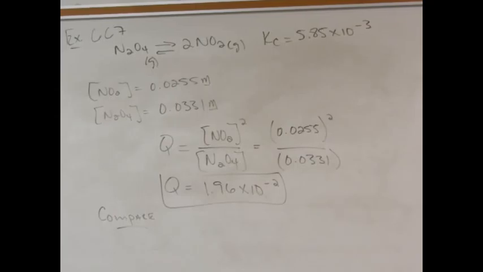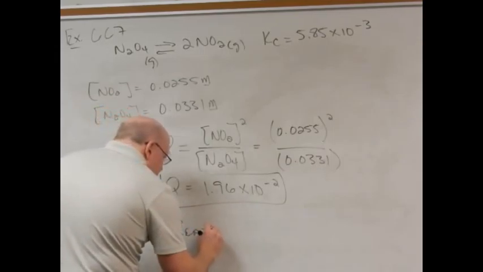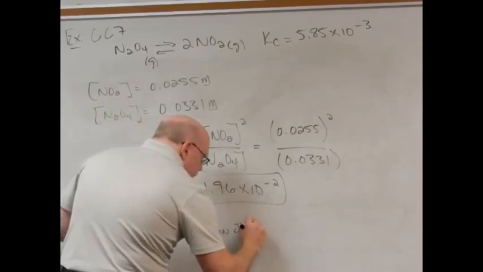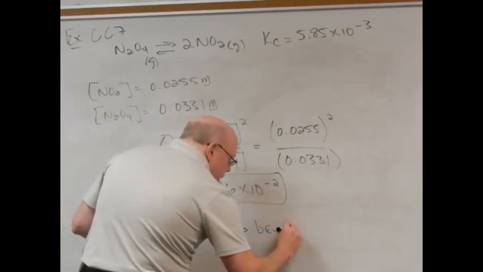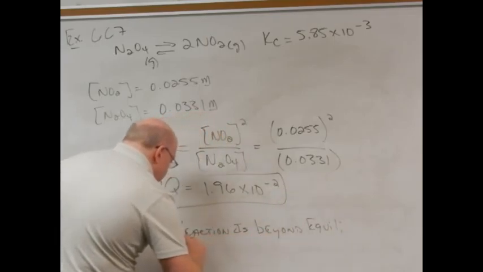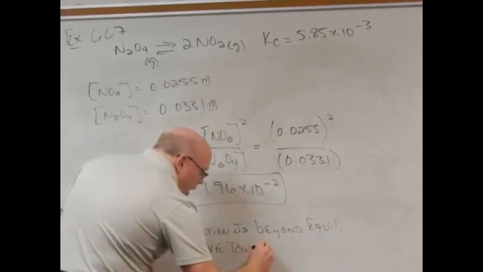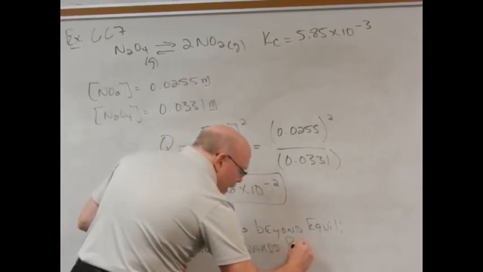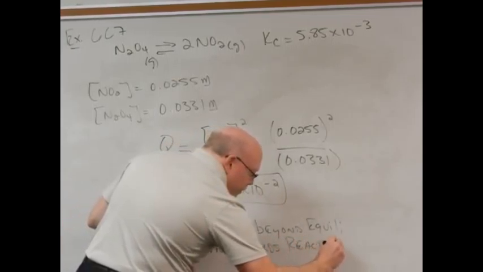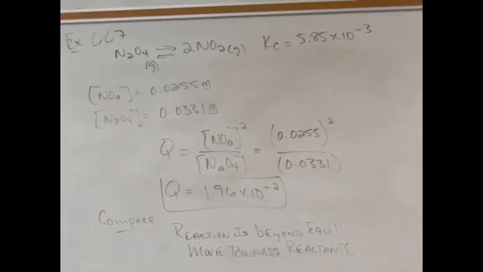So the effect, they would say, is the reaction is beyond the equilibrium, and it will indeed move towards the reactants. It's going to shift back a little bit. It's past where it should be. It's going to back up a little bit until it gets there.